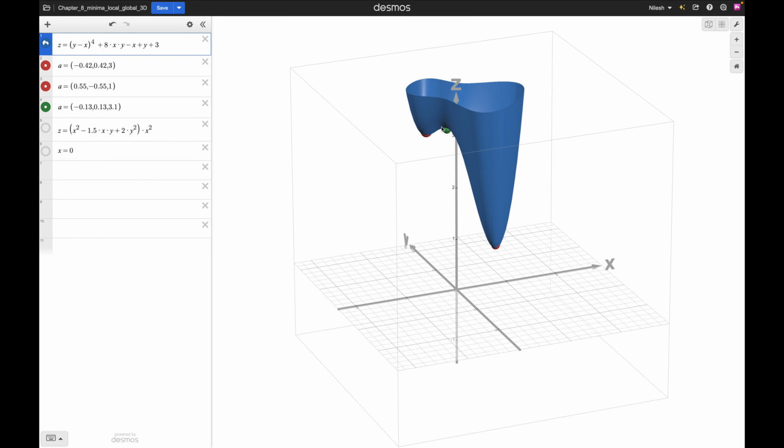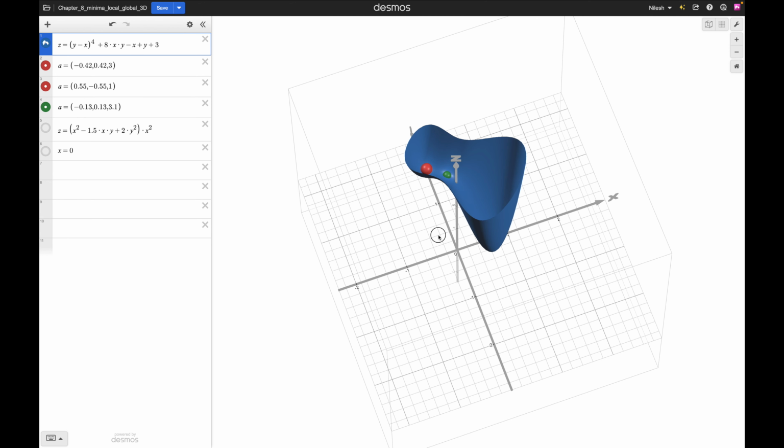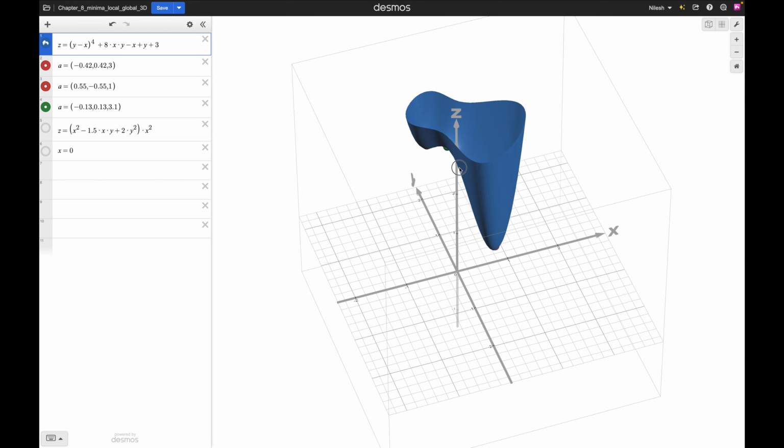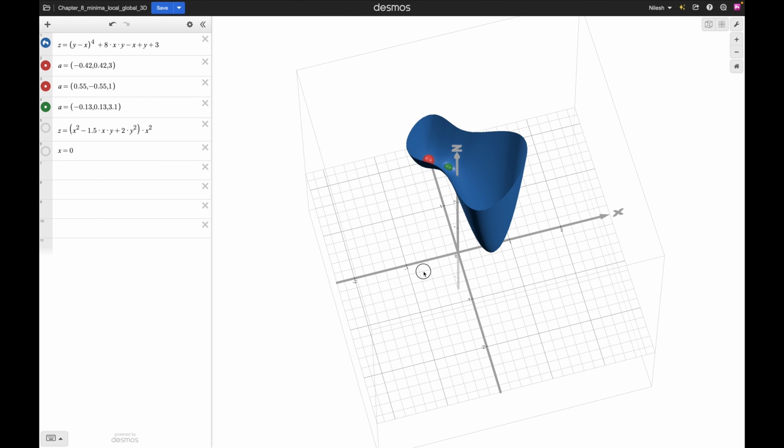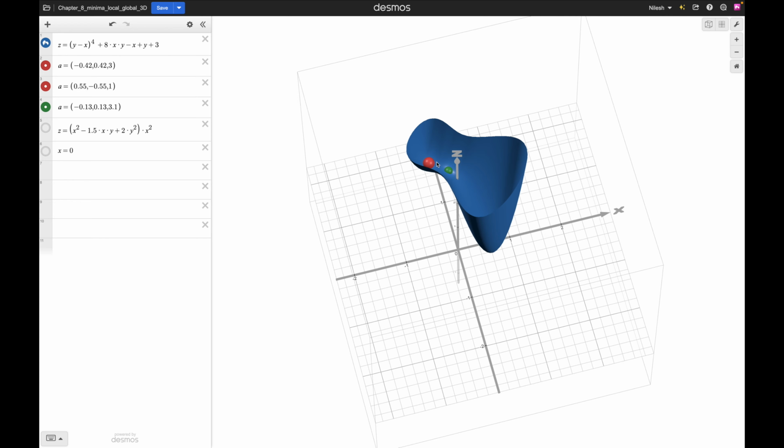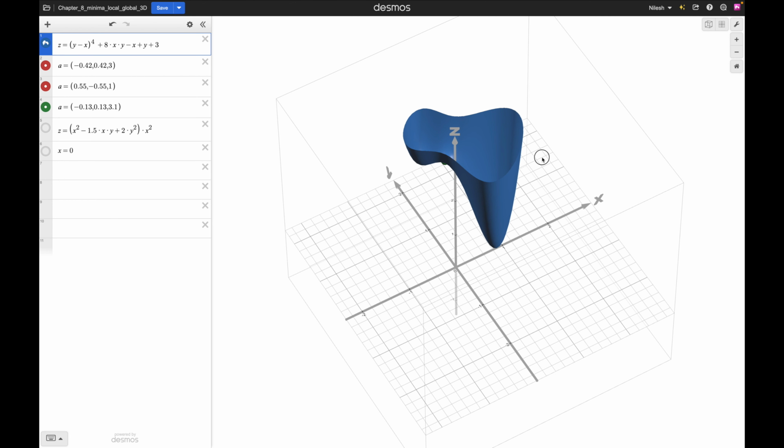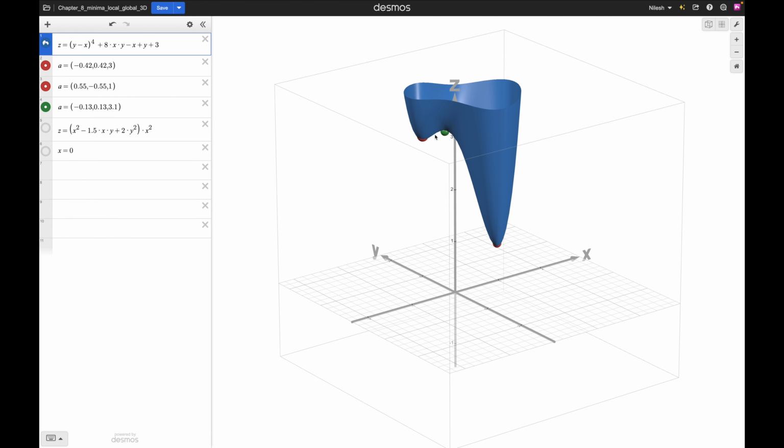And the saddle point is shown here by the green dot, as you can see right from here. In case of the saddle point, if I move along this direction, if I step in either direction, left or right, the only way is down.